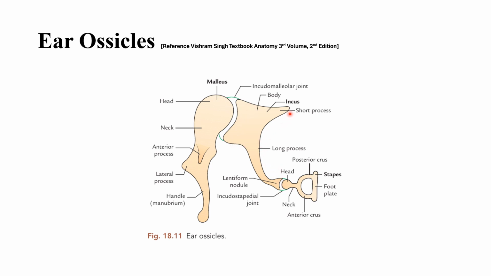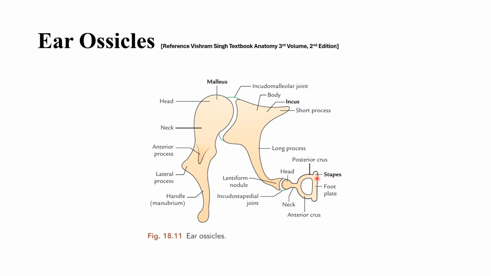It has a very big body and two very thin processes, a short process and a long process. And it forms the incudostapedial joint with the head of the stapes, and this is a ball and socket type of synovial joint.